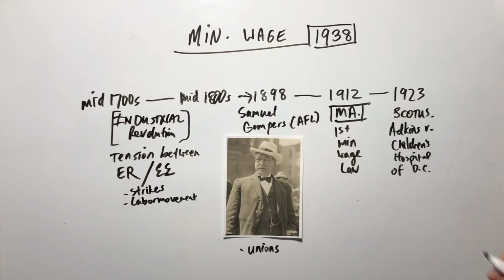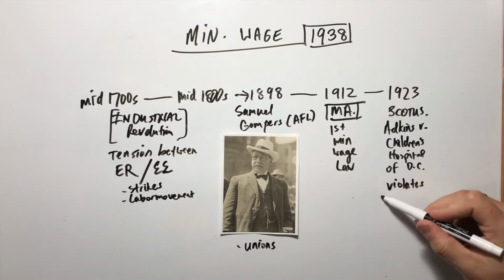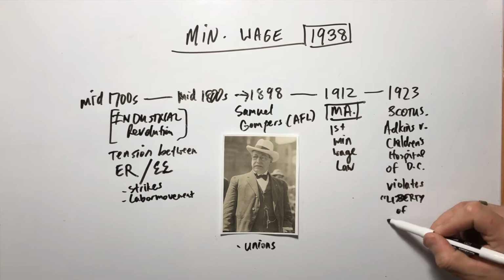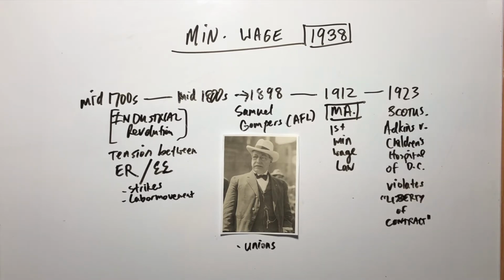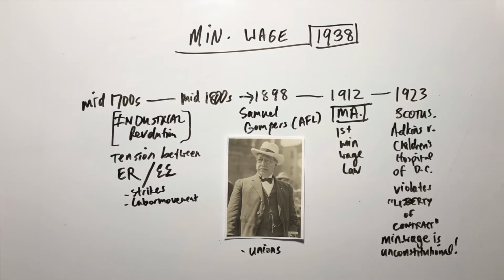And so it violates what's called the liberty of contract. And so they strike it down. They say minimum wage is unconstitutional. And so no more minimum wage.